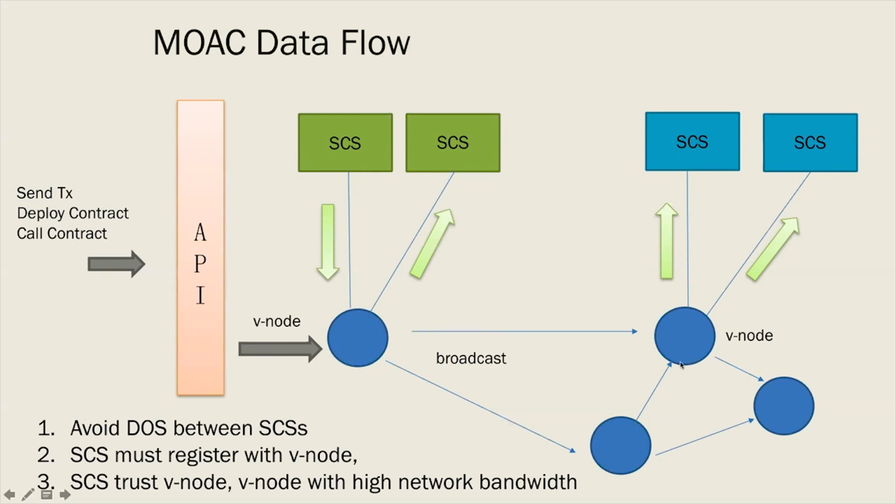We can avoid DDoS attacks using this kind of design. Let's say one SCS is going bad and you want to attack another SCS. Well, in a sidechain, basically you can attack your nearby nodes. But here, you have to send all the information to the vNode, then broadcast to other SCS.